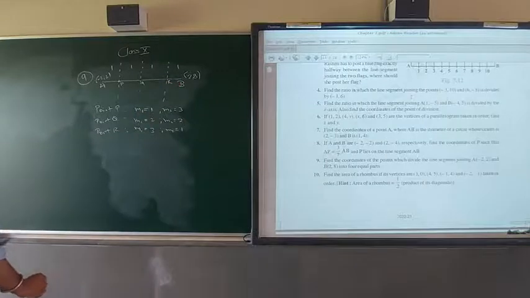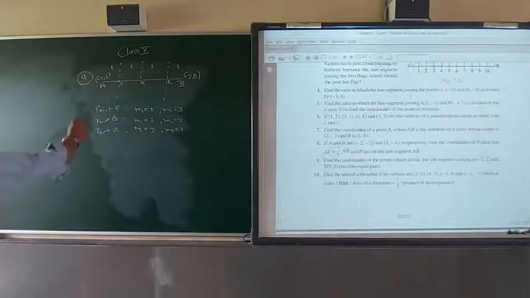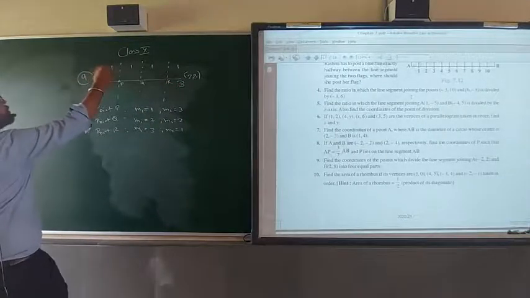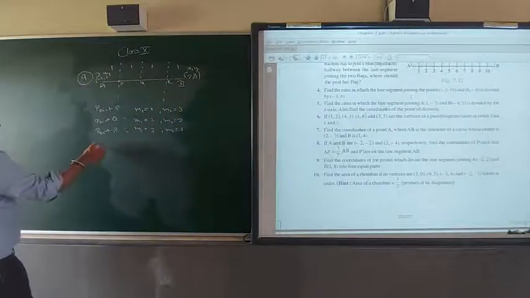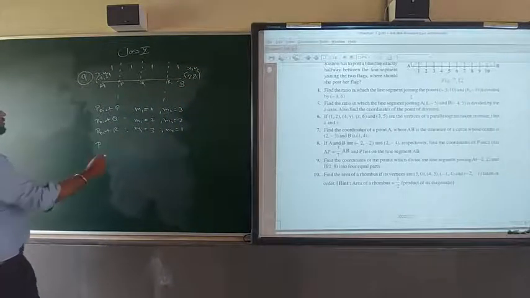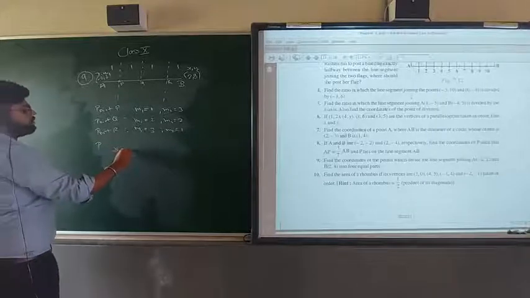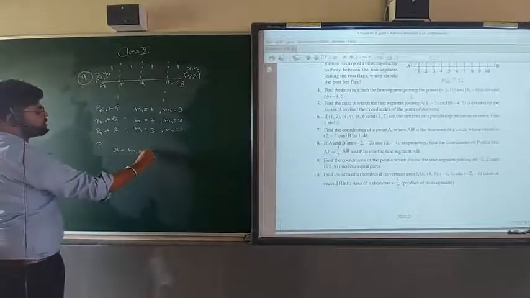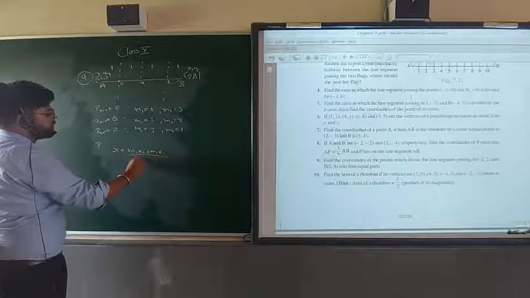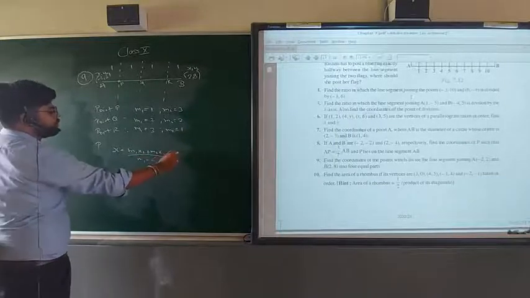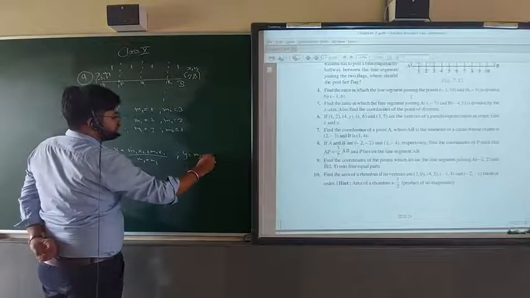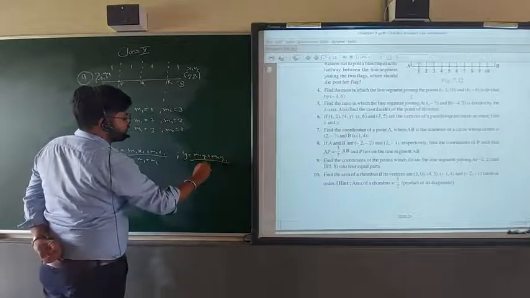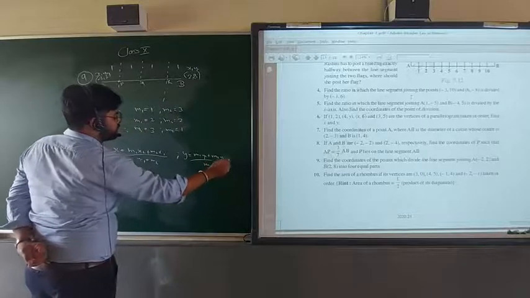These are the values of M1 and M2, with the coordinates x1, y1 and x2, y2. To find the point P, the x value is (M1 x2 plus M2 x1) upon (M1 plus M2), and the formula for y is (M1 y2 plus M2 y1) upon (M1 plus M2).